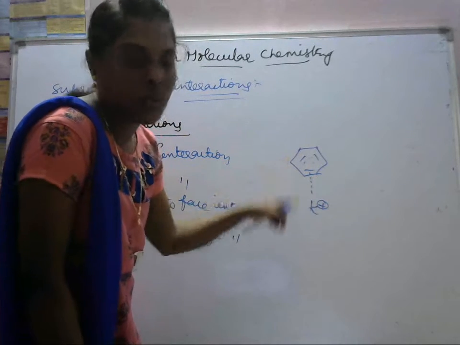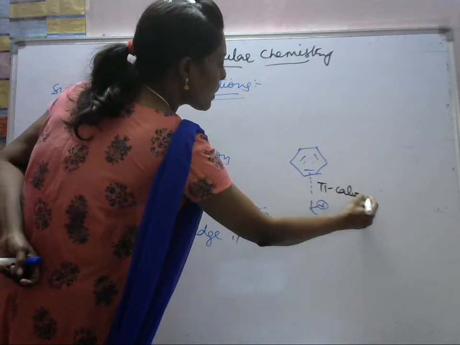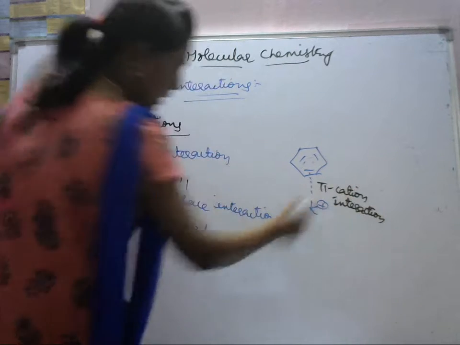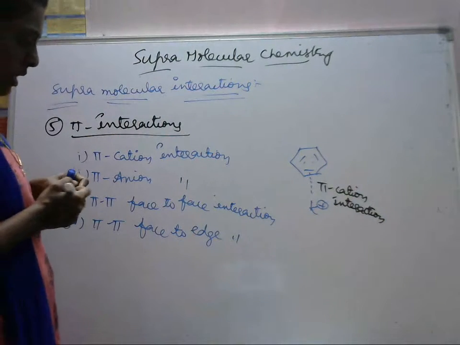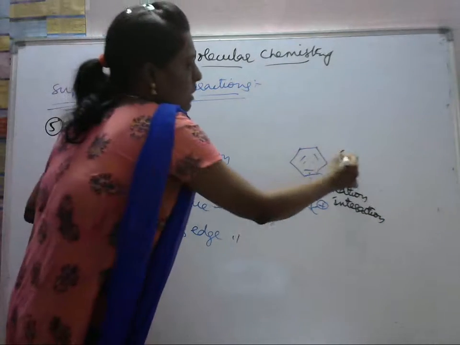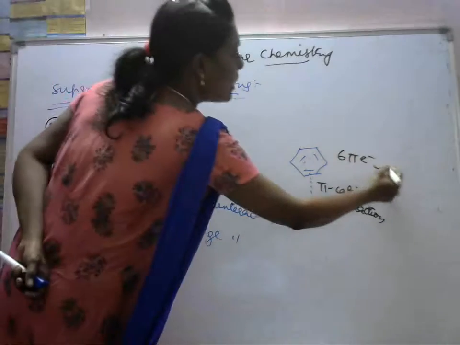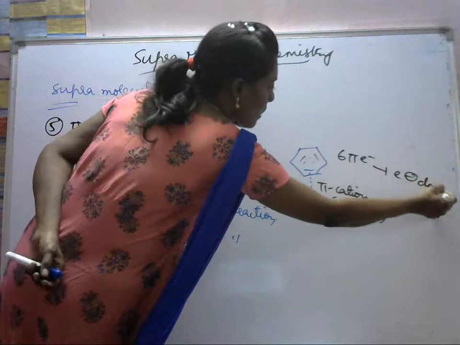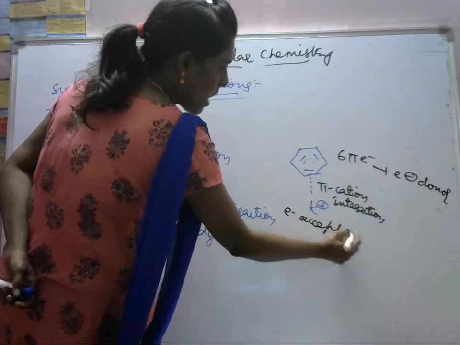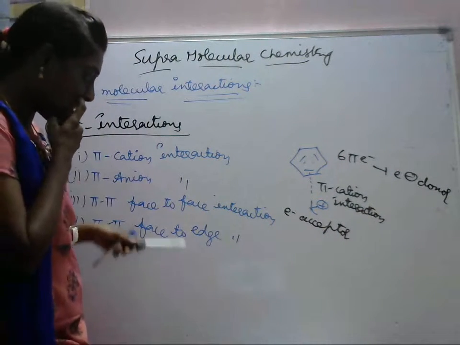This type of interaction is called pi to cation interaction. This is a 6 pi electron system, and it acts as an electron donor, and this K plus is an electron acceptor.